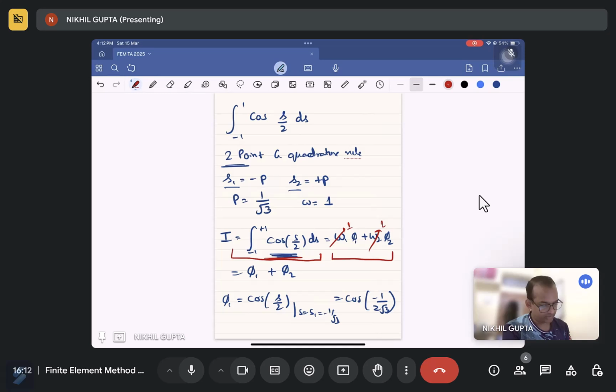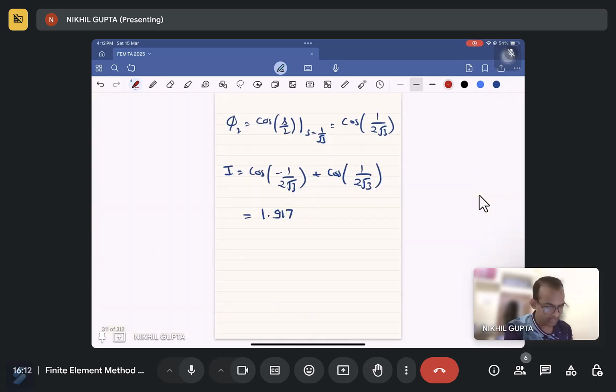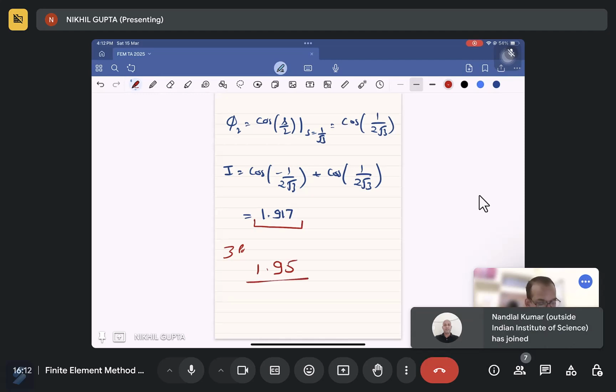It's coming to 1.999974. See, with the 2-point rule you are getting like this. You won't get exact with this method, because the higher terms are also there. But when you use the 3-point rule, you may go closer, let's say we get 1.95. When we use the 4-point rule, we can get 1.97. So you will go more closer to it.